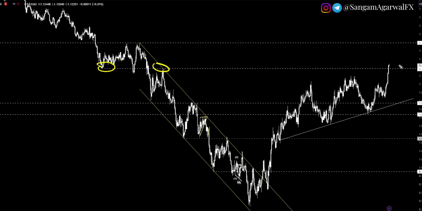Your first resistance is almost broken, 1.1186, next 1.14950. And if it comes down, if soft landing turns into hard landing on any news, then this trend line will be your next dynamic support level.